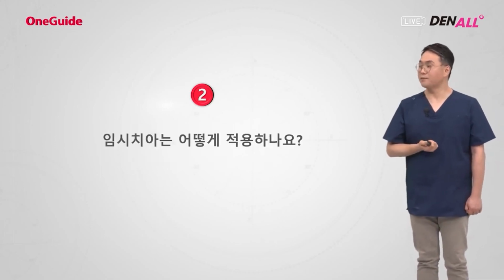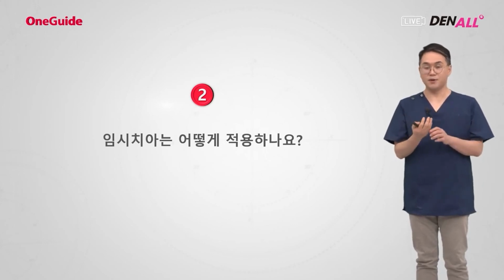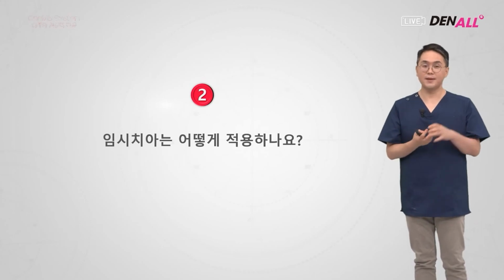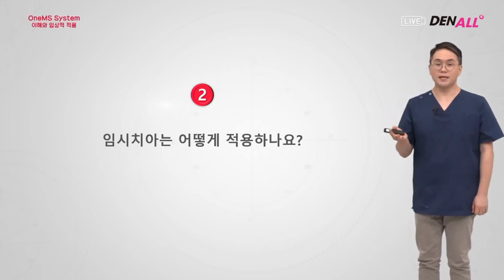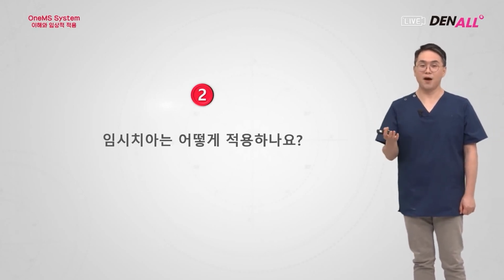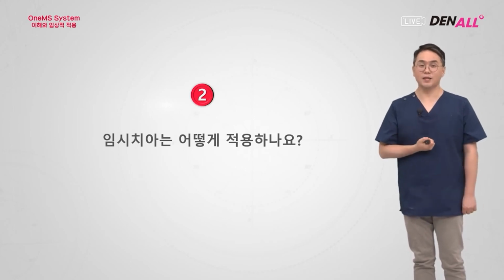Next, how do you deliver temporaries or provisionals? In the first case of the MS implant, a provisional cap was placed on the abutment, and on top of this there was cementation. But in the Osstem Digital Center, if you tell them to use the OneMS system, a temporary that fits your abutment will come.